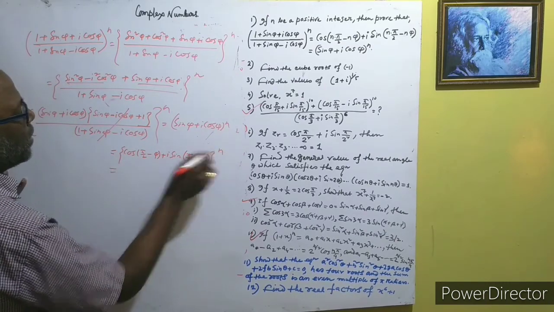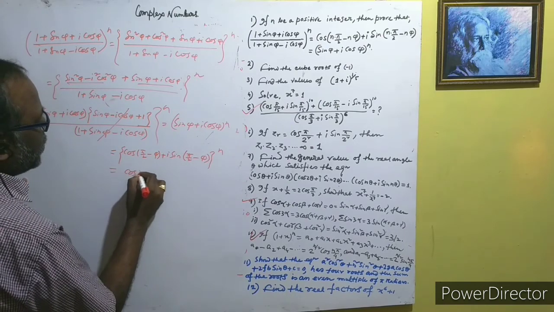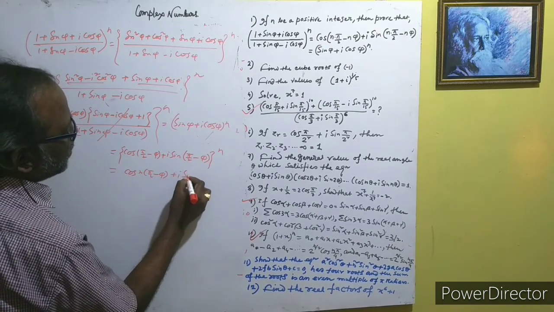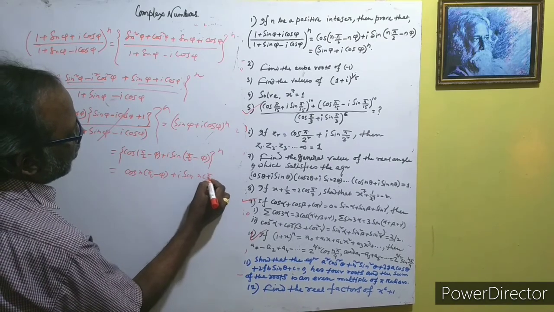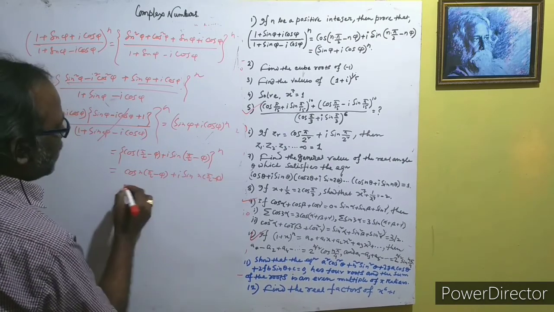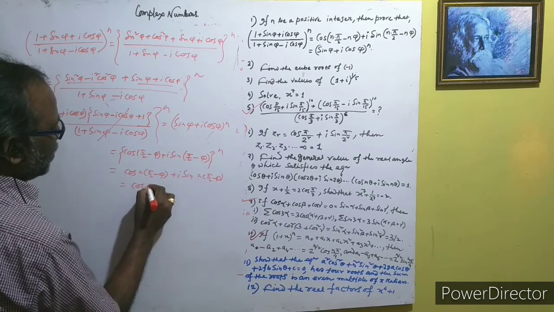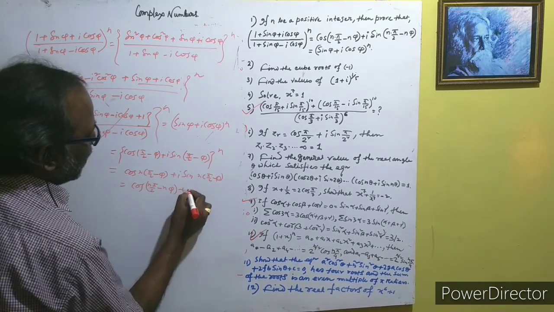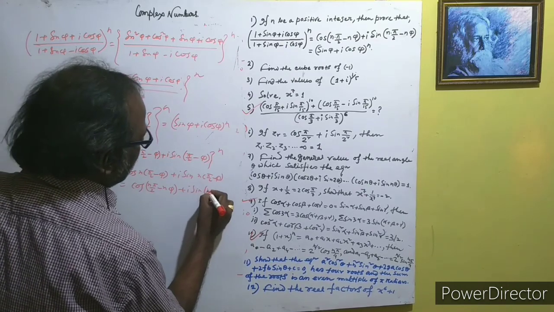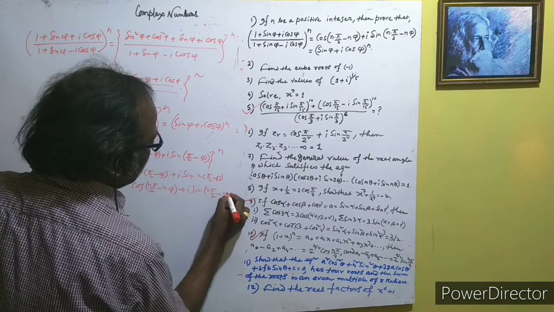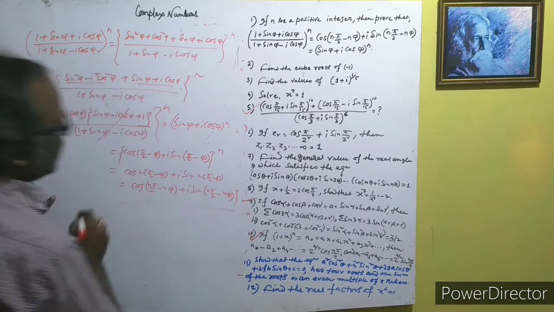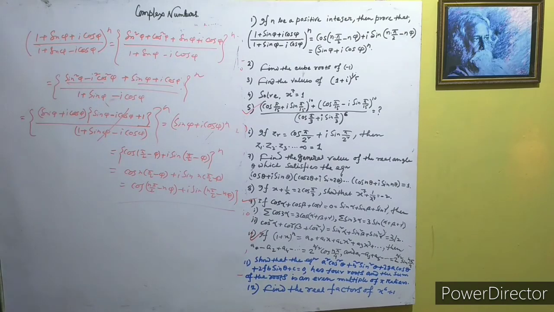So we apply the rule here, multiplying n into (pi by 2 minus phi): cos of n(pi by 2 minus phi) plus i sin of n(pi by 2 minus phi), that is cos (n pi by 2 minus n phi) plus i sin (n pi by 2 minus n phi). So this is the important video for you.